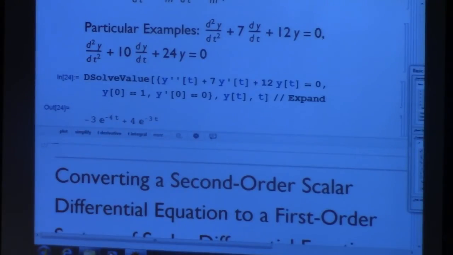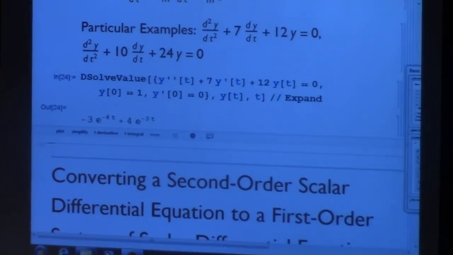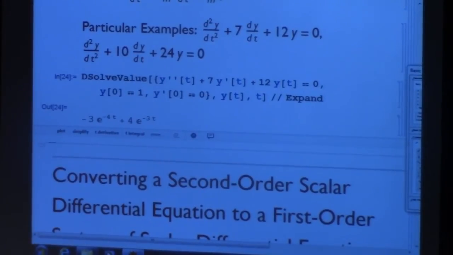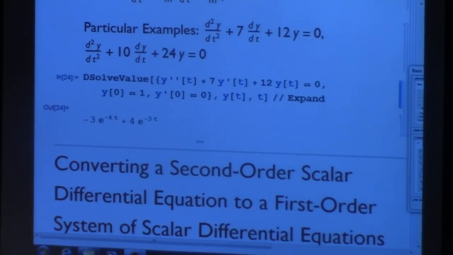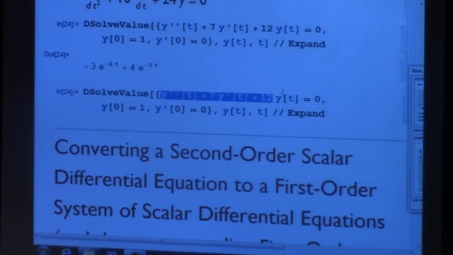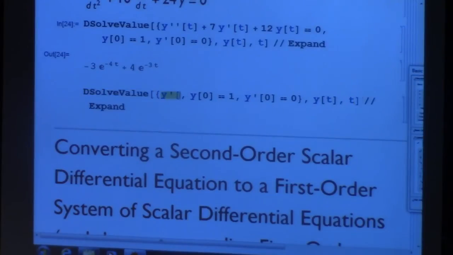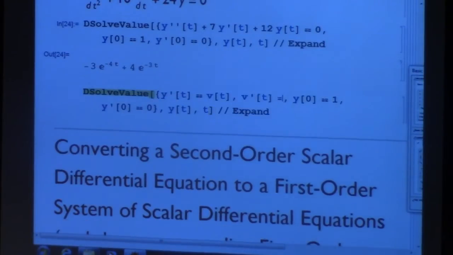The first order system with analogous initial conditions should give us the same answer, although it'll give us the answer as an ordered pair, y comma v. As a first order system, your equations are y prime of t equals v of t, comma v prime of t equals, what was it, negative 12y, don't forget your t's, minus 7v, don't forget your t.